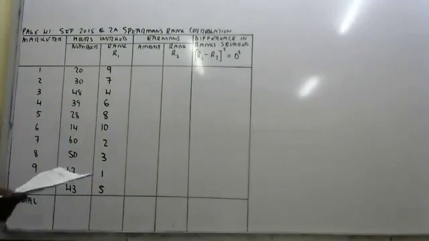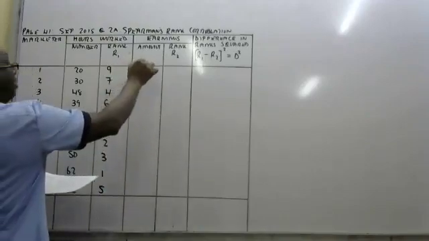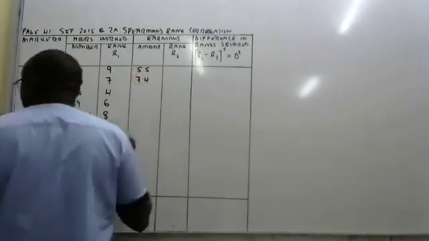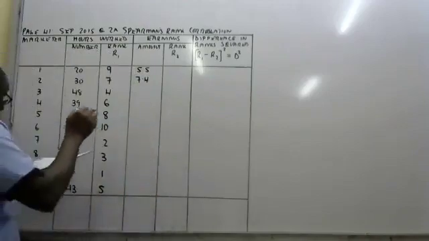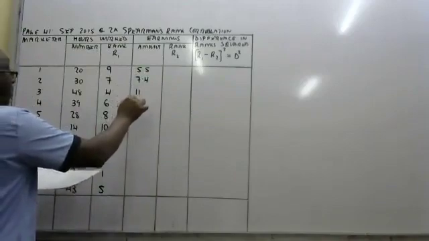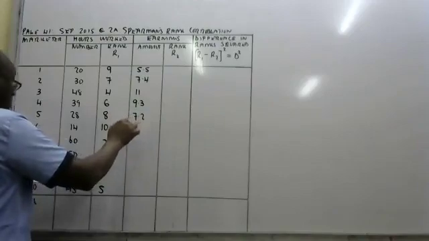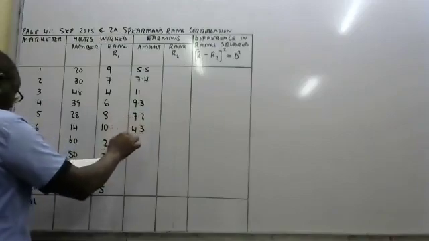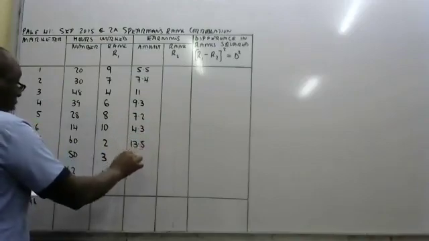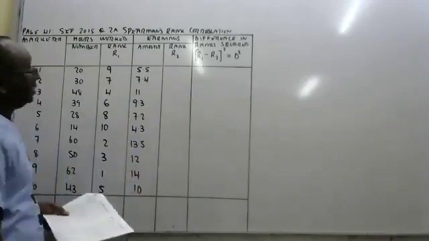Once you have ranked them, let's come to the earnings. Earnings are 5.5, 7.4, 11, 9.3, 7.2, 4.3, 13.5, 12, 14, and 10.